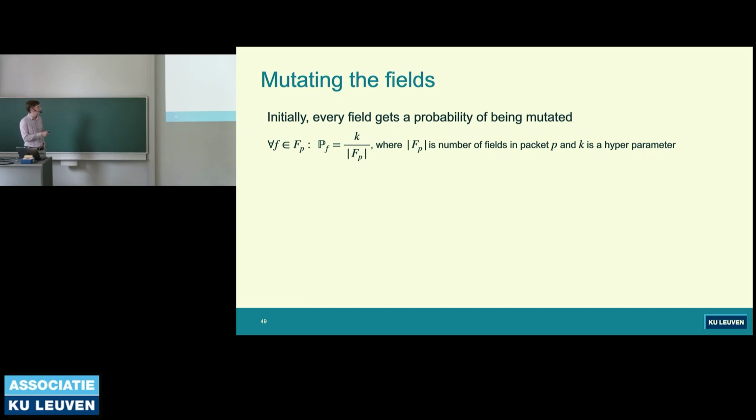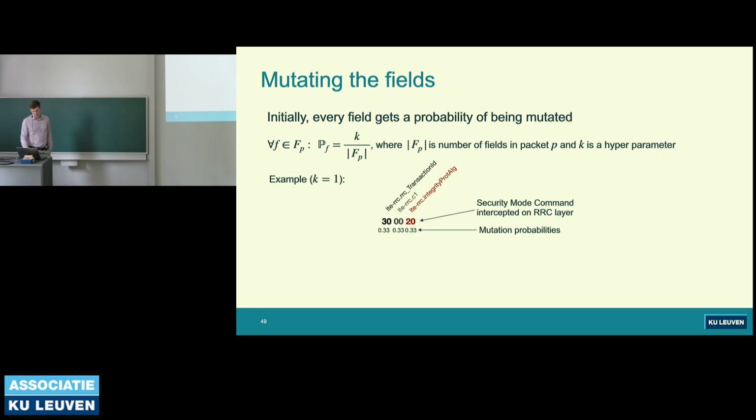And here F_P is just the total number of fields in the packet. Just to give you a quick example, let's say k is 1, and we intercepted this packet that we just saw, which has 3 fields, then each field will be assigned the mutation probability of 1/3.